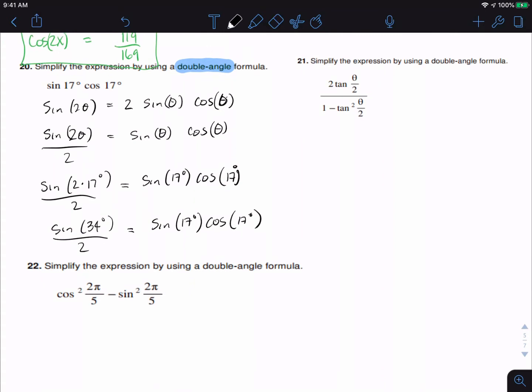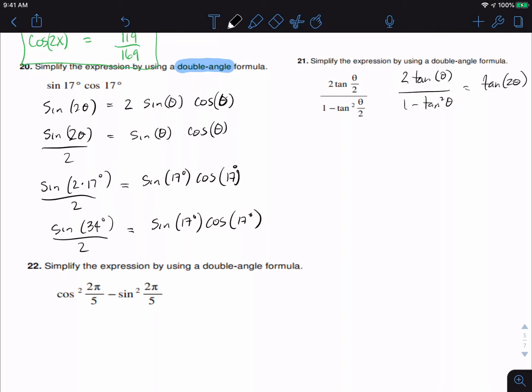Now with number 21, we have tangent. We know that 2 tangent theta over 1 minus tangent squared theta is equal to tangent of 2 theta, right? So from here, we can see what this is going to be.